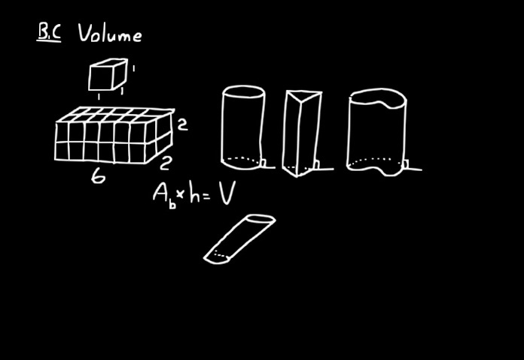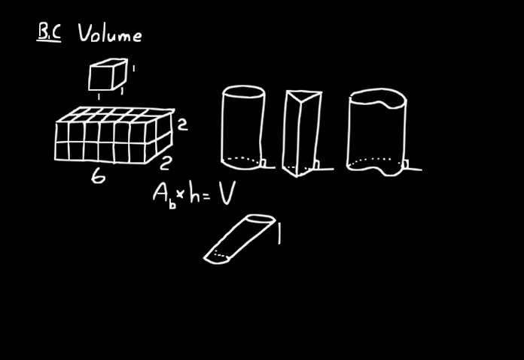Now it's very interesting that the same formula holds true for a solid like the one I have drawn below, a circular cylinder that's not a right cylinder. Even though the sides are not vertical anymore, not perpendicular anymore, they're at angles to the bases, as long as the bases are parallel to each other, you can still use the same formula: area of the base times the height perpendicular to the base.